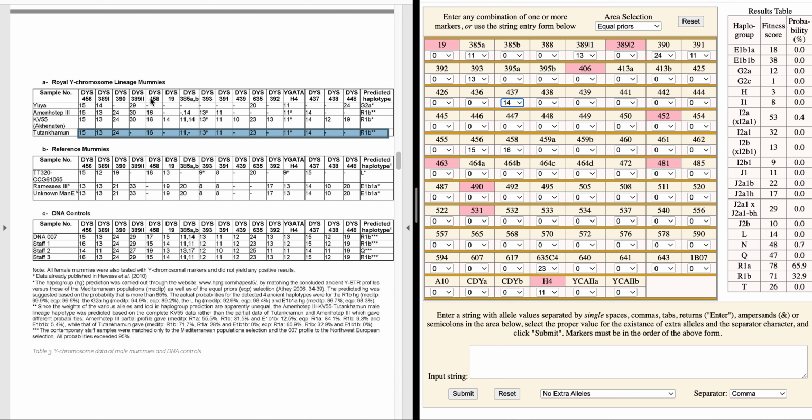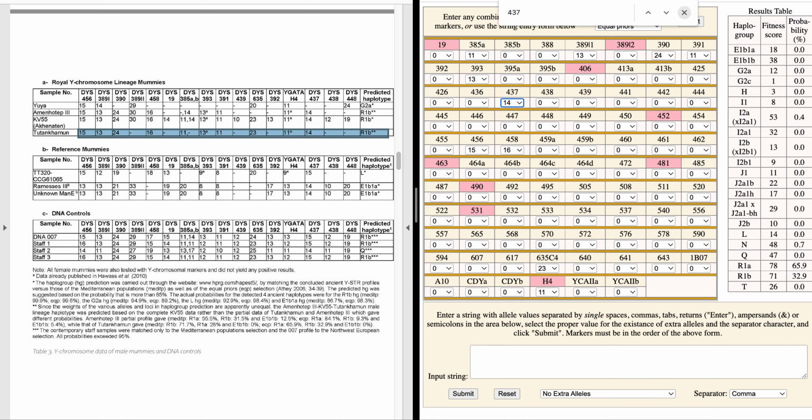So, it looks like it's not only Ramses III and Unknown Man E that need to be recalculated or re-examined. Maybe some more STR markers might do the trick. I don't know. But I wonder if we add these missing ones in, if we get R1b. But right now, with these markers only, it's R1a.